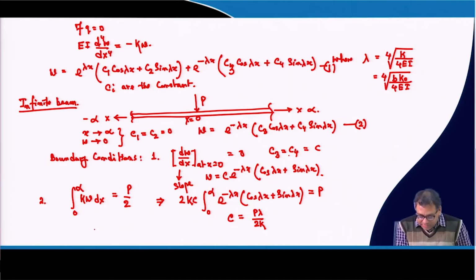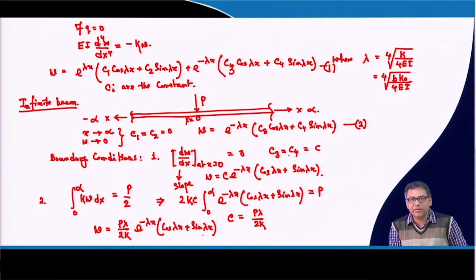So finally, the equation will be w is equal to P lambda by 2k into e to the power minus lambda x into cos lambda x plus sin lambda x.